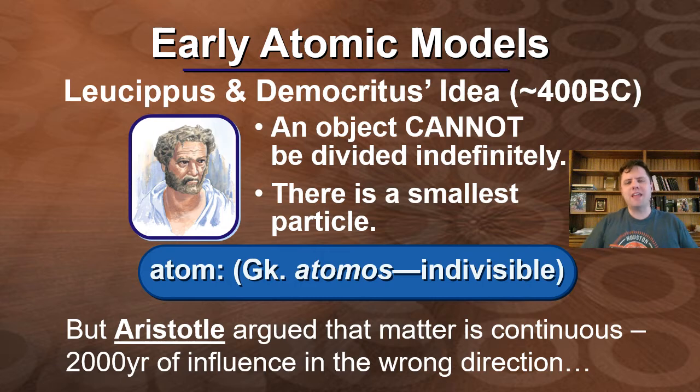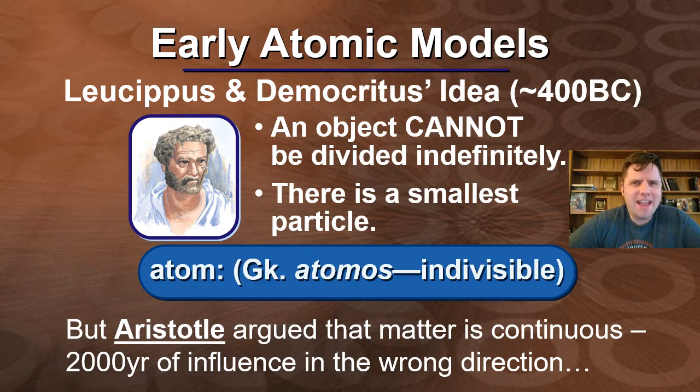Now that was only a philosophical idea. There was no scientific knowledge necessarily. There were no microscopes. They couldn't look at anything on that kind of level. So it was just a philosophical idea that all things are made up of small particles of that very same thing, and eventually you get down to a particle that cannot be cut any further.